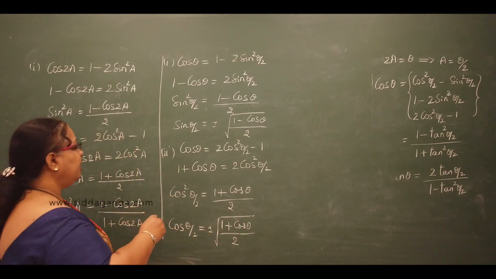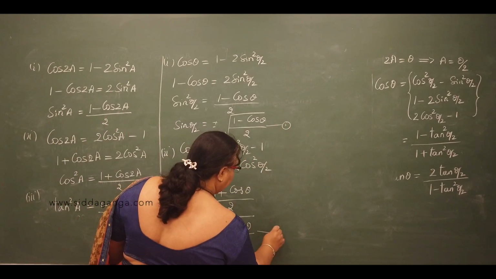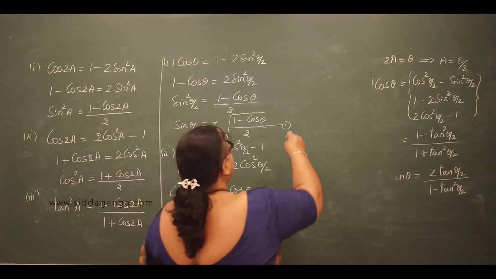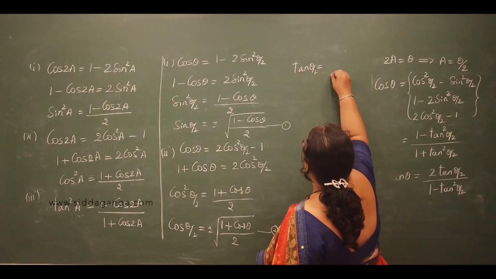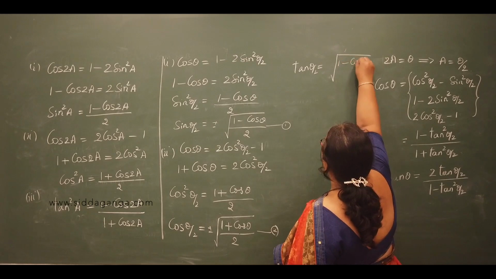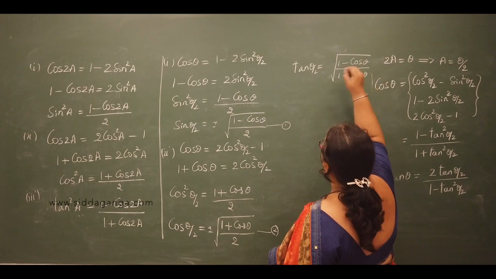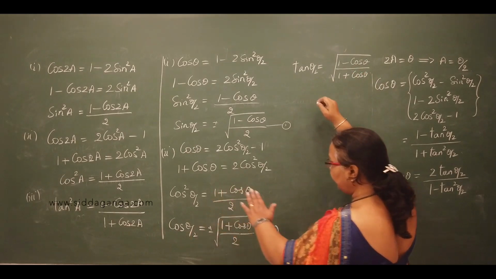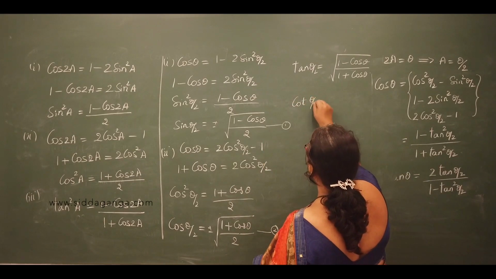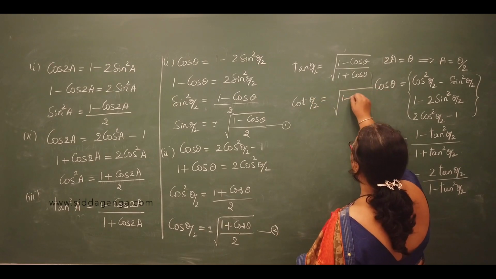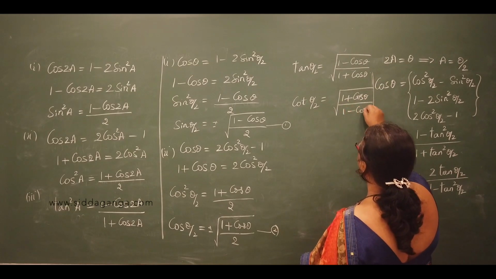Now, dividing these two results 1 and 2, we get tan theta by 2 equal to root of 1 minus cos theta divided by 1 plus cos theta. Next, if we divide equation 2 by equation 1, we get cot theta by 2 equal to root of 1 plus cos theta divided by 1 minus cos theta.